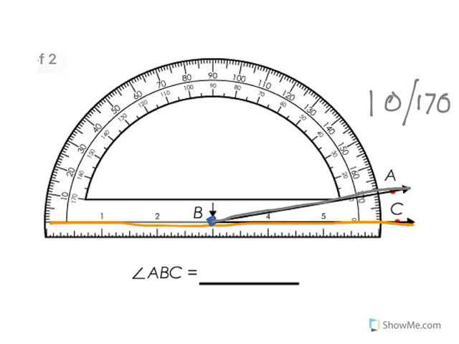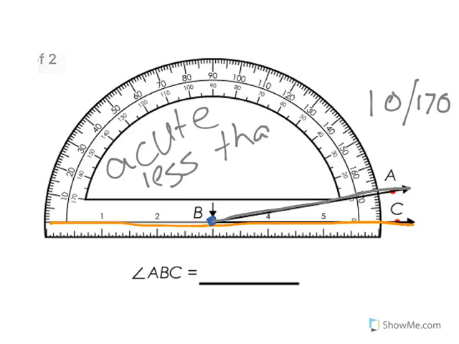So again, the next thing we have to do is figure out, is this an acute angle or an obtuse angle? Again, it's such a cute little angle, so it's acute. And we know that acute angles are less than, that's correct, 90 degrees. So the measure of this angle is 10 degrees.